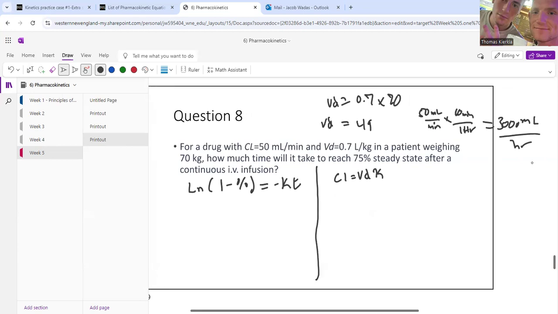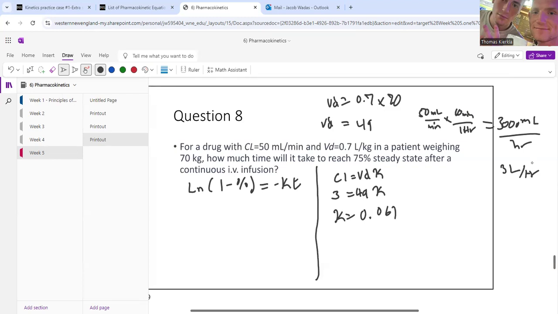And then we also need to put this into liters, so it's going to be 3 liters per hour. Does that make sense? You see VD is in kilograms and liters, so we need to change it to liters. And the rate is per hour, so we have to change it into hours. Find the K per hour: 0.061.